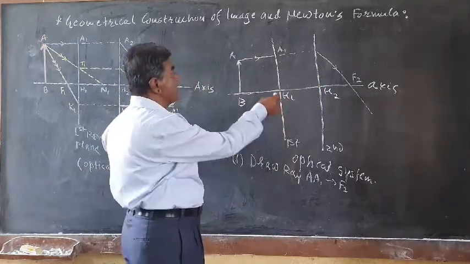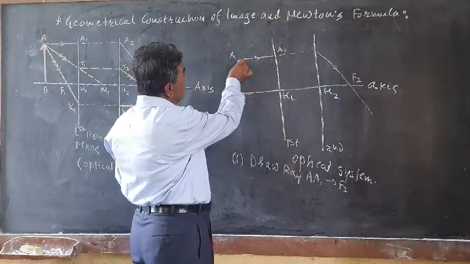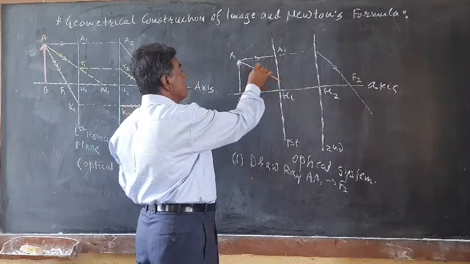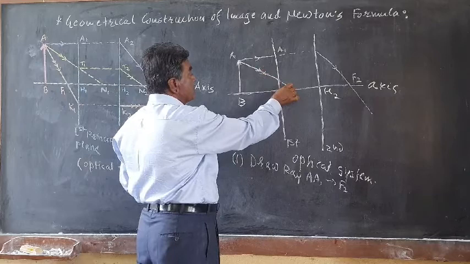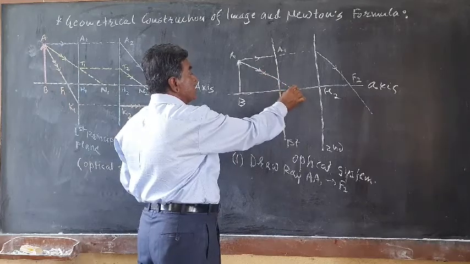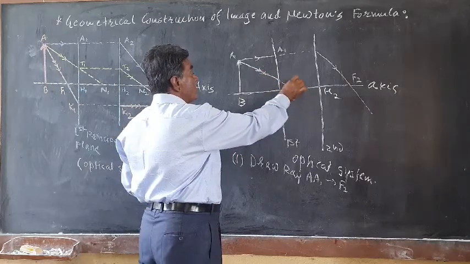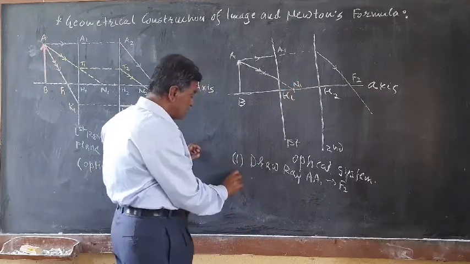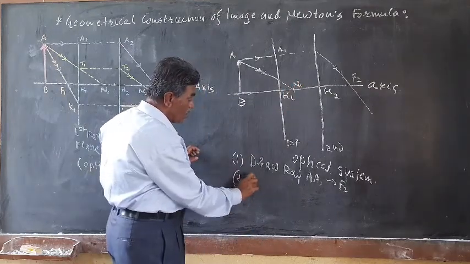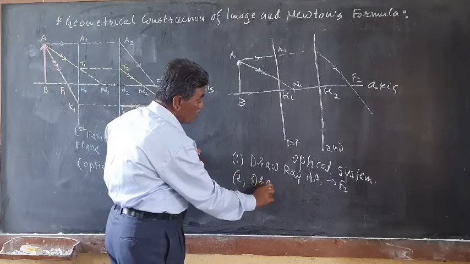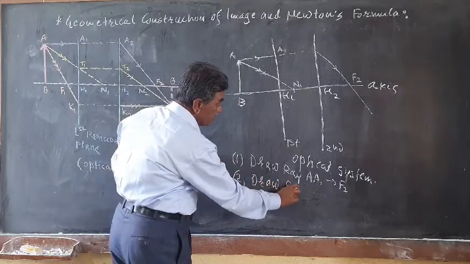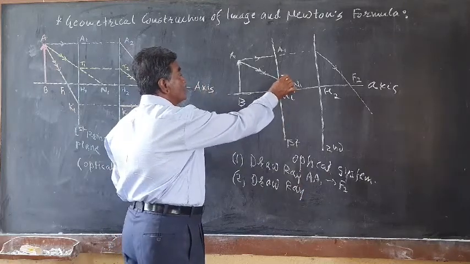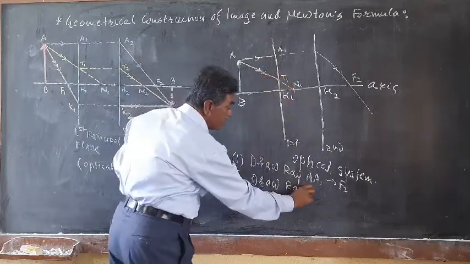Now consider another ray directed towards the first nodal point. This is the other ray, indicated by the double arrow here, and it goes to the first nodal point, that is N1. So draw another ray, the second step, suppose AT1.